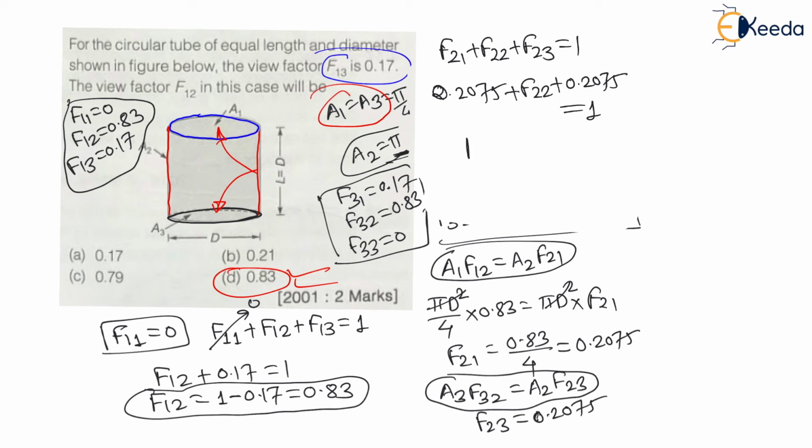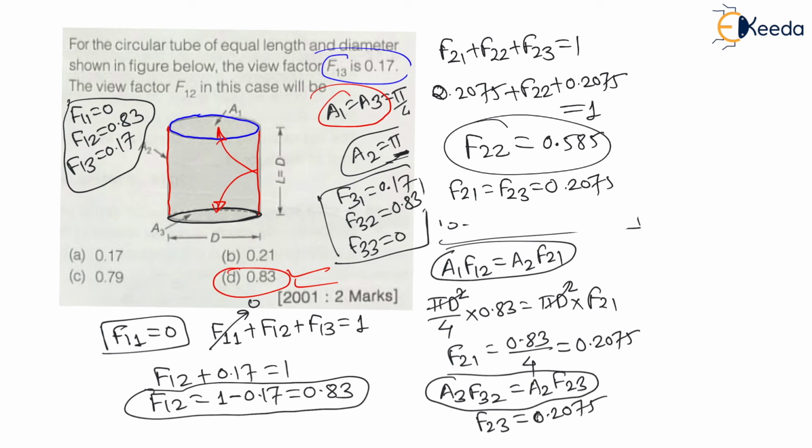Now from this you will get F2 to 2, which is equal to 0.585, right. So this is how we have calculated all the shape factors, right. Here F2 to 1 is equal to F2 to 3, which is nothing but 0.2075. Now here you will find 9 shape factors. These are with surface 1, these are with surface 3, and these are with surface 2.